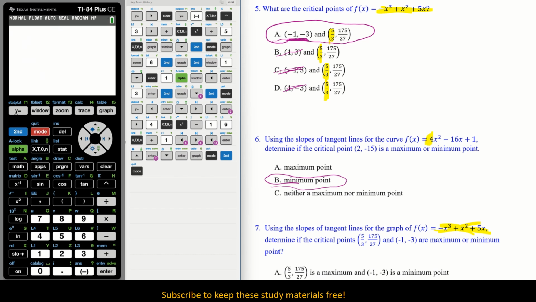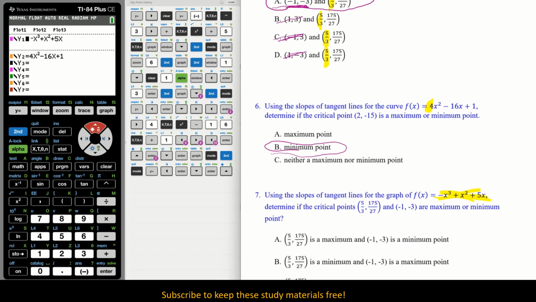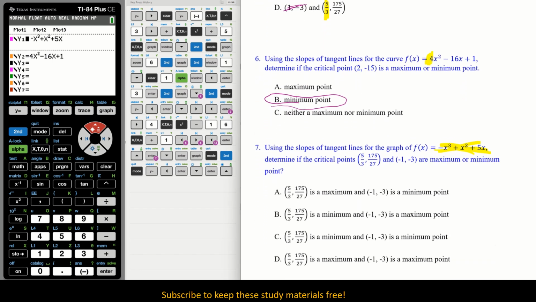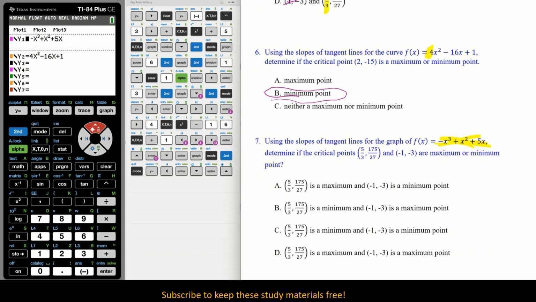Oh my gosh. Too many pushing of buttons. Now, what do we need to do? Like I said, turn on our first Y1, turn off our Y2. Now graph, and we should be back on the proper graph for number 7. Let's read number 7 before we do that.